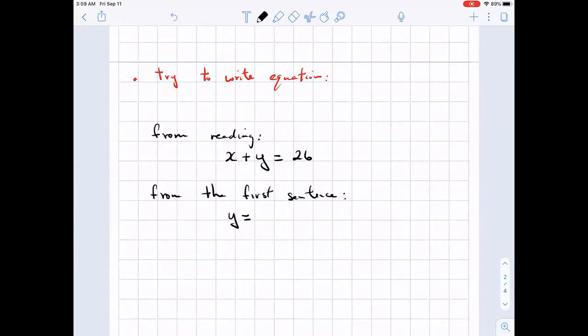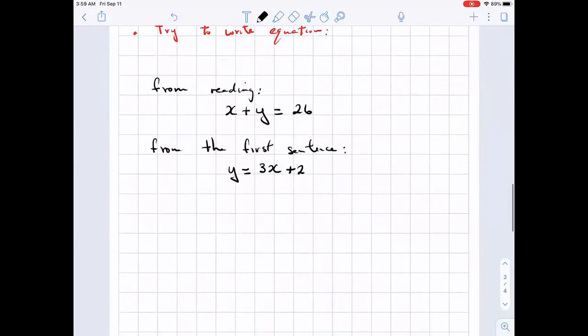So it's 2 more, meaning plus 2, than 3 times the other number. So if one of the numbers was x and one was y, and you're saying y is equal, then that has to be 3 times x. Or you could have written x equals 3y plus 2. It doesn't matter. But what we do know is one of the numbers is 2 more than 3 times the other number.